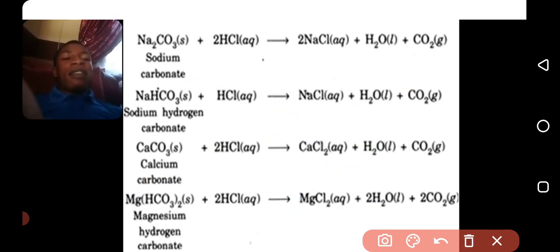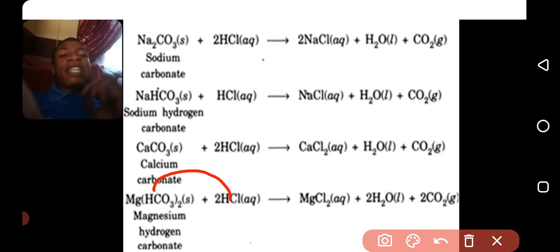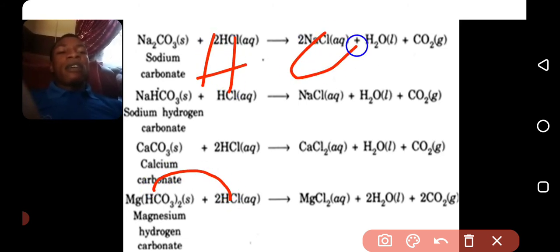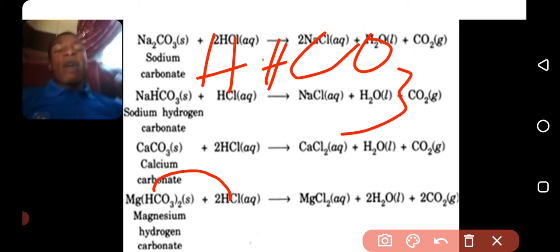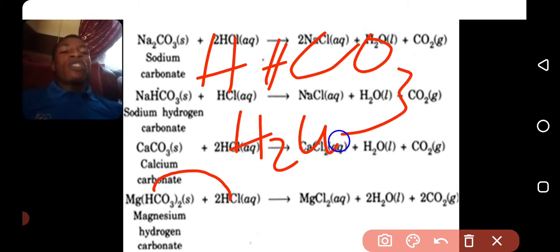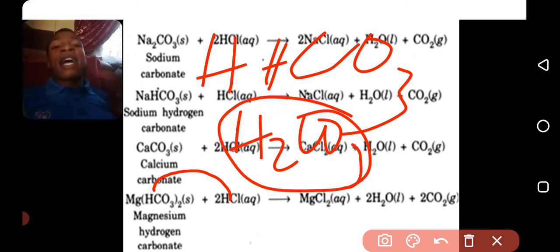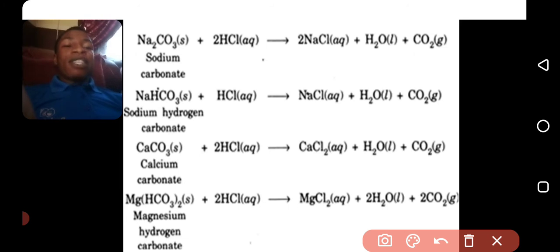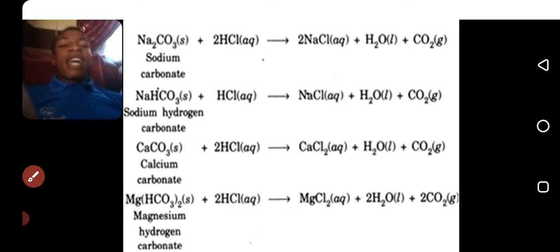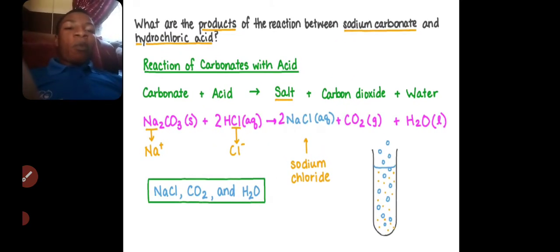Then the H here picks up the HCO3. Valency is 1, 1. That gives you H2CO3. So you are expecting it to break down into water and carbon dioxide as usual. So that is the reaction of acid with carbonate salts. So what do you expect of this product?